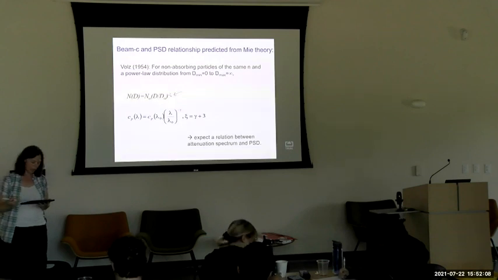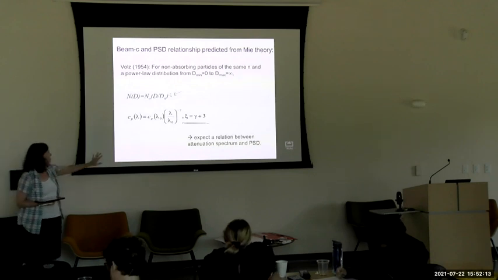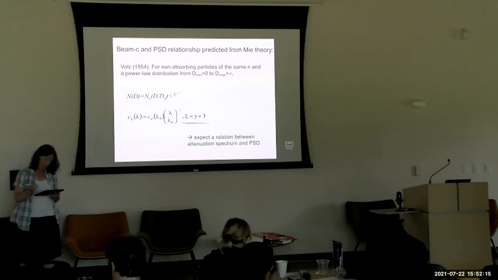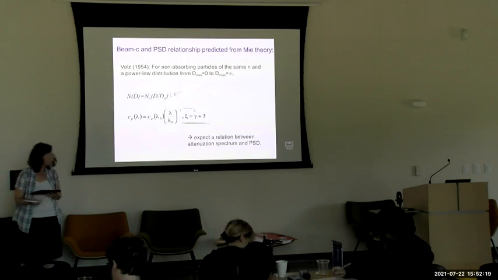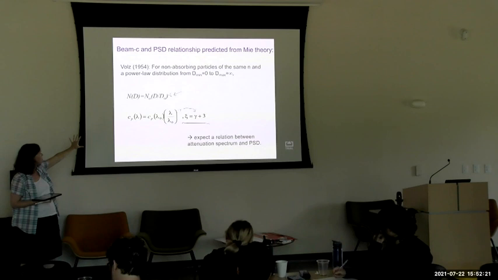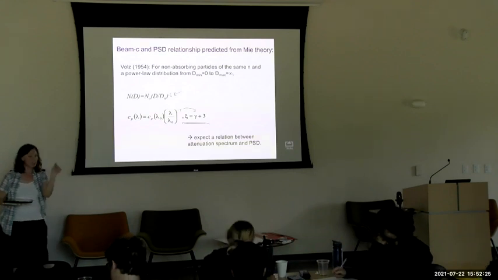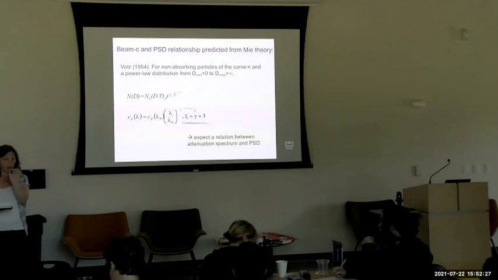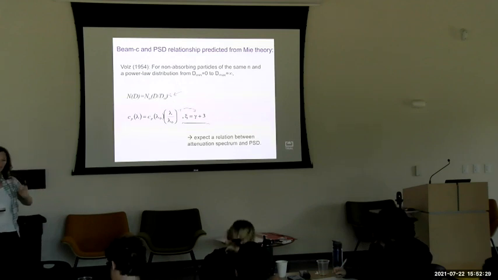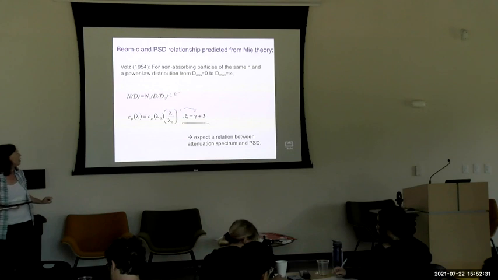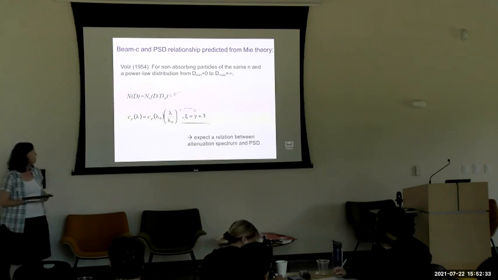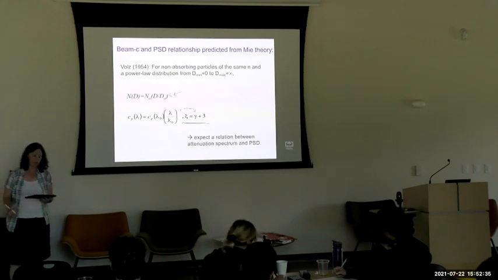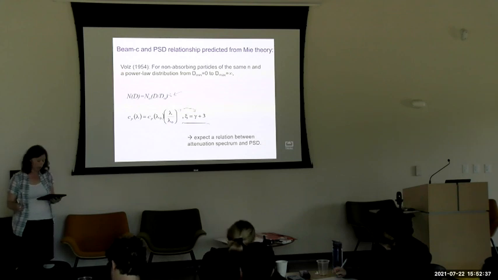It should be related through this fairly simple relationship. Eta equals gamma, where gamma is the beam attenuation spectral slope, plus 3. And there's actually a small correction that can go in as well if you're at the very low end of the range of that. But for the most part, just eta equals gamma plus 3 is the expected relationship that comes out of Mie theory.